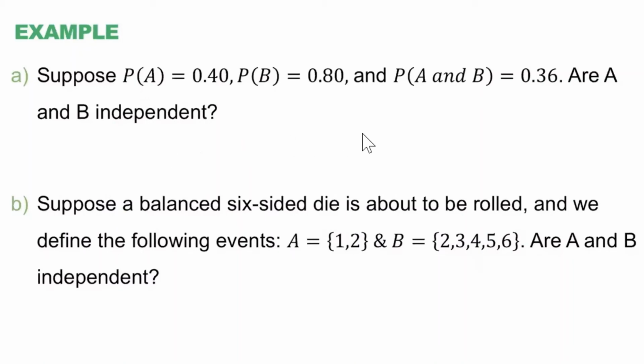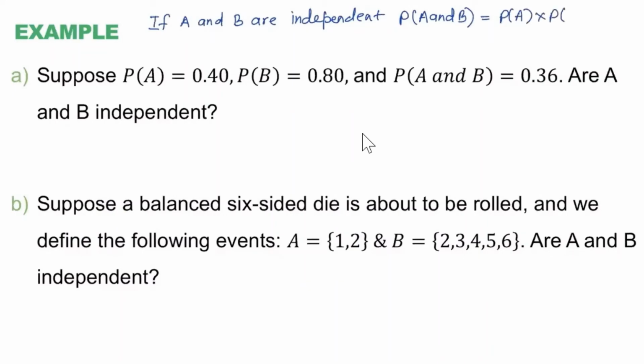So let me write here. If A and B are independent, as you have already seen in the previous slide, then probability of A and B is equal to probability of A multiplied by probability of B. So let's check this.